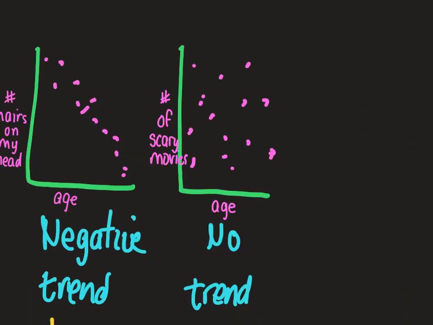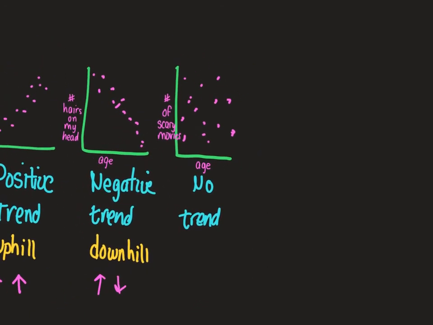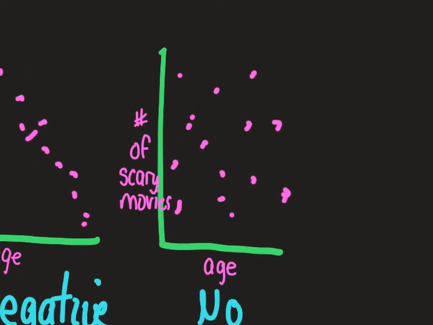All right, our last example would be a no trend. So as one thing increases, the other thing can increase or decrease. It doesn't really matter. There's not really a pattern. So the example I thought of for this one is as somebody gets older, as age increases, the number of scary movies that a person has seen would be very random.